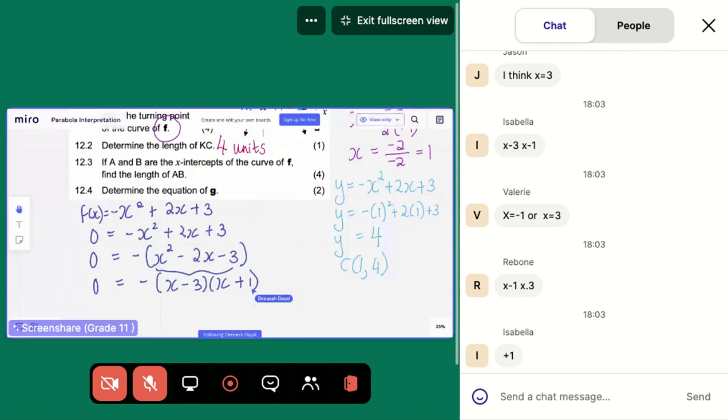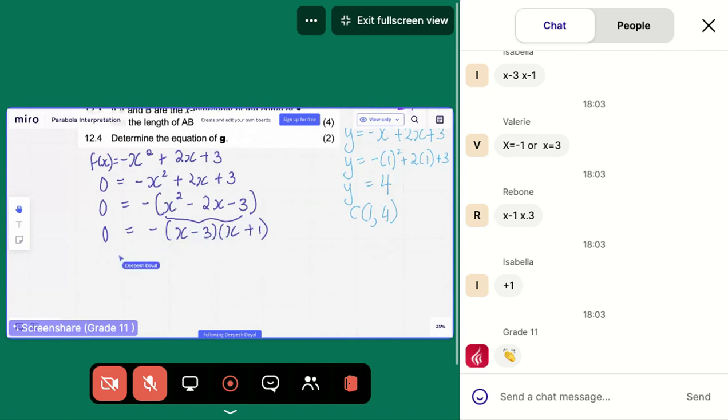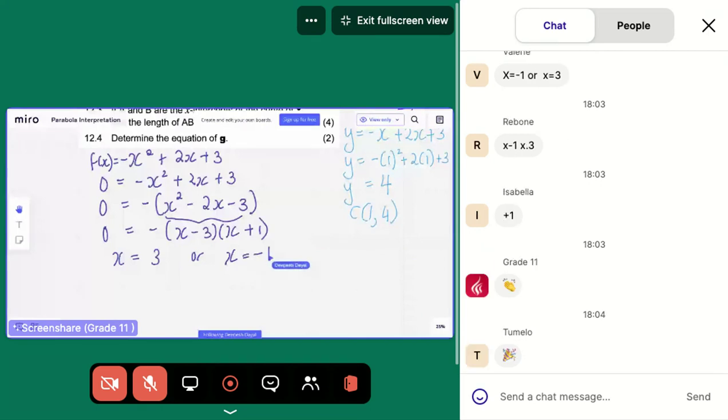Well done to those of you that gave those answers. Great work from your side. So we're going to make this equal to 0, and we're going to say x equals 3 or x equals minus 1. Well done, everybody.